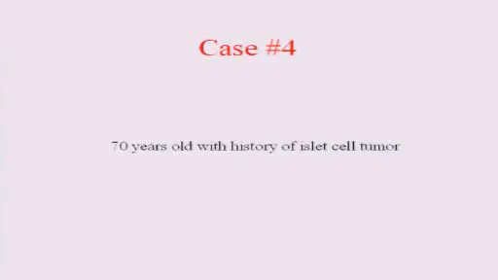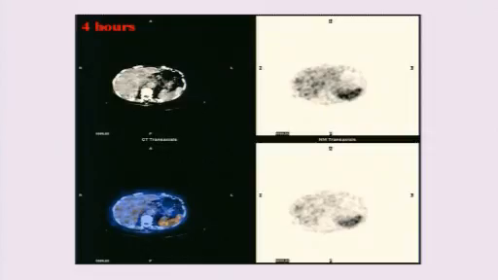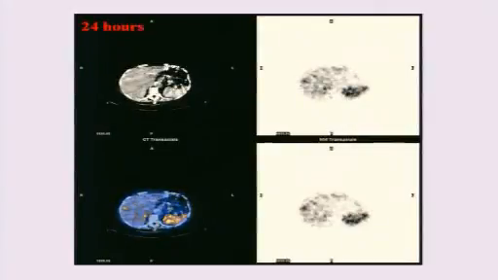The fourth case is a 70-year-old with a history of islet cell tumor. The 4-hour scan this time looks completely normal, but on the 24-hour pictures, we show a subtle lesion, so we did a diagnostic contrast-enhanced CT scan.